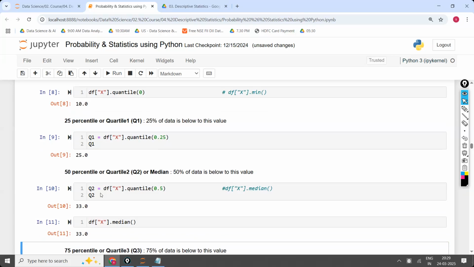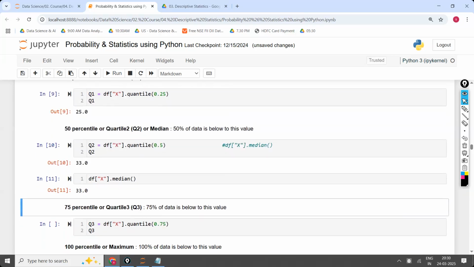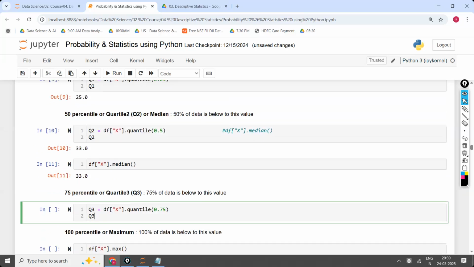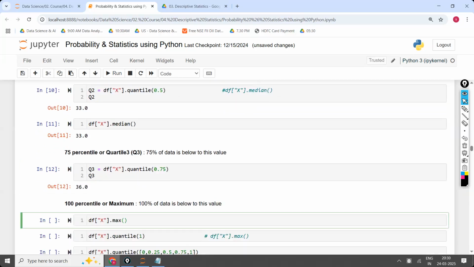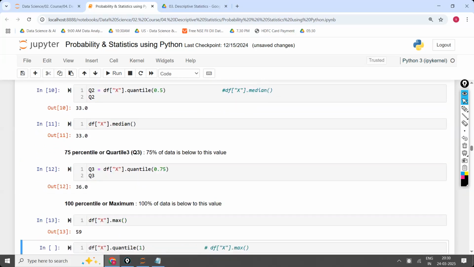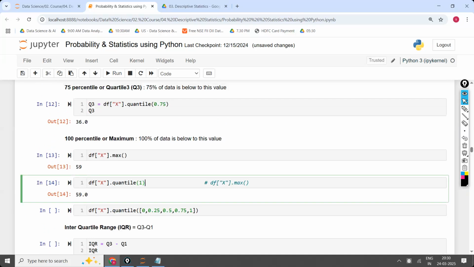Is that clear? Now 75% of the data. What does 75% of the data mean? In the given data set, 75% of the data should be below this 36. And the maximum value is also called the 100 percentile. 100 percentile will be represented by 1.